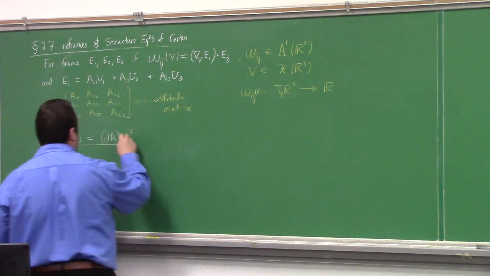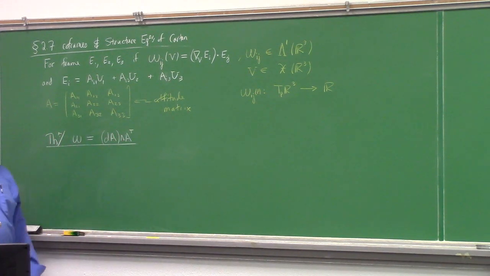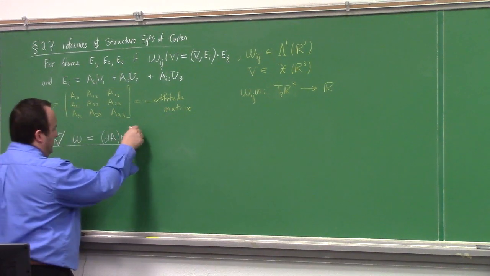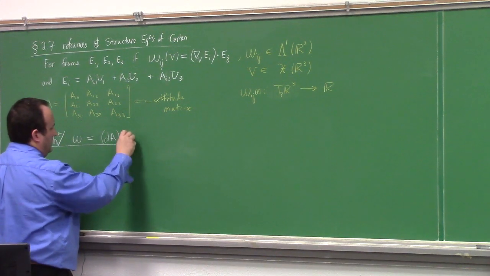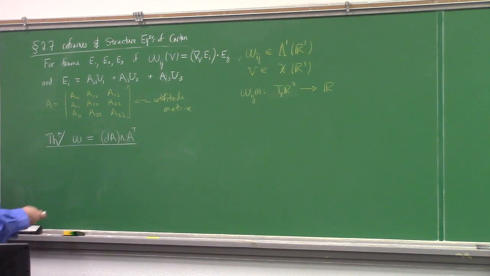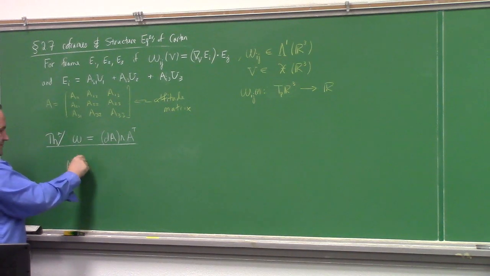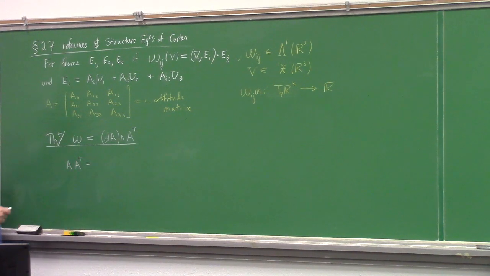What would this wedge be? I mean, you could write it with or without the wedge here. Well, that is also true. So we have AA transpose is equal to the... Yeah. Let A be the attitude matrix of a given frame, then omega is equal to dA wedge A transpose. There we go.